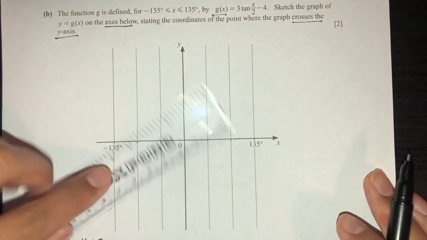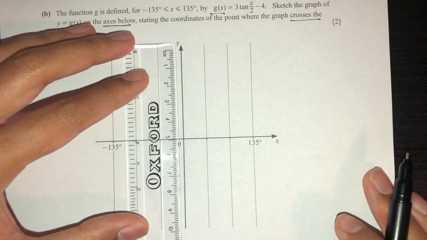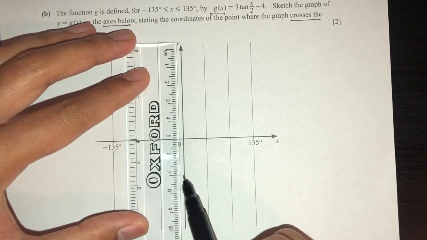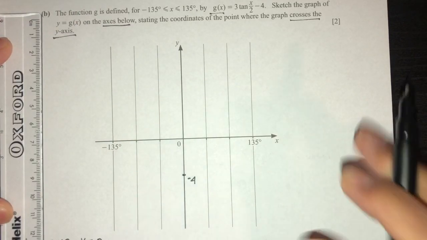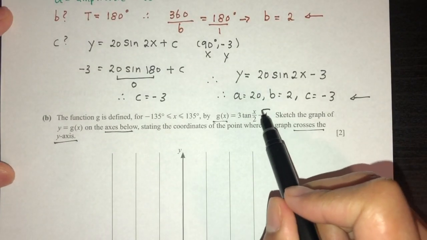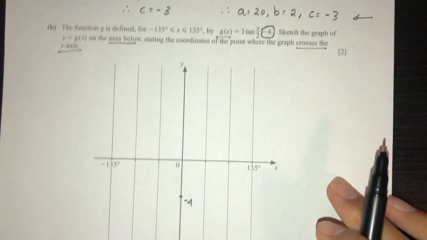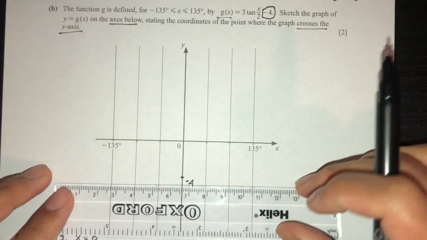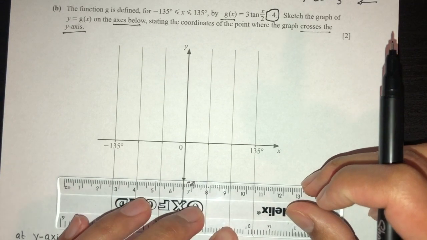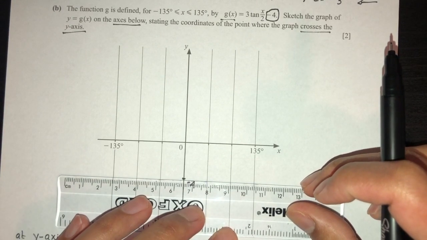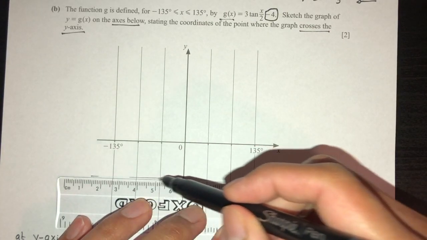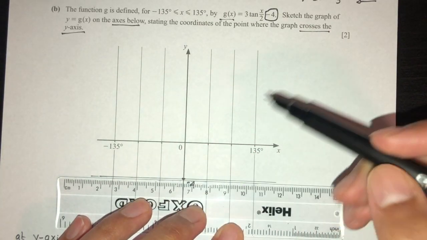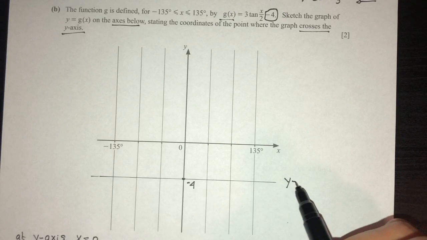Let's see approximately where I would put that. Let me just put 1, 2 over here. Minus 4. Minus 4 is your baseline, so we have to draw a line here. The baseline is a line that cuts the graph exactly in half. So just draw a line to be your baseline at y equal to minus 4.